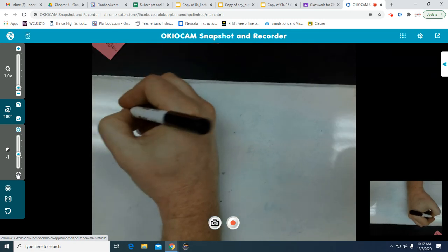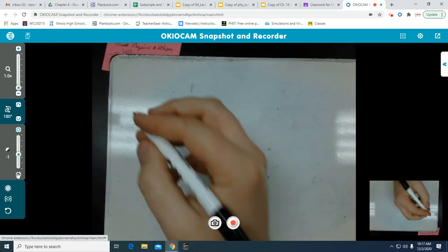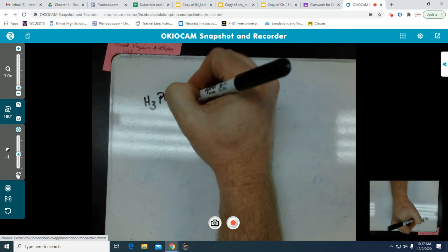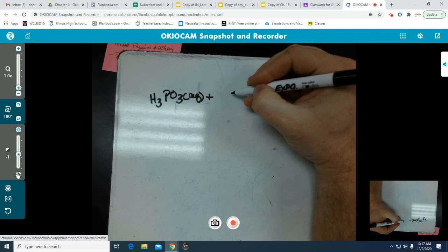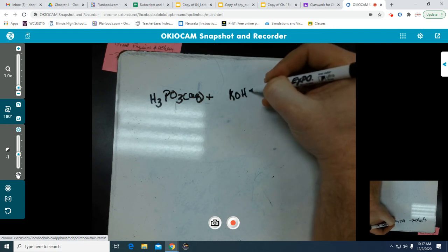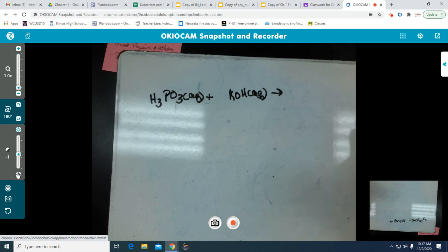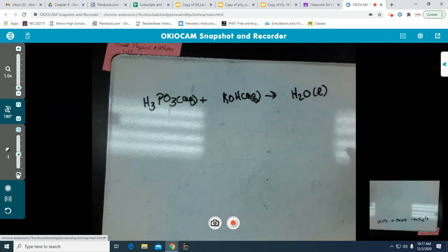We've got H3PO3 aqueous plus potassium hydroxide aqueous will yield, again, they're going do-si-do. We also know that one of them is going to be H2O, liquid.